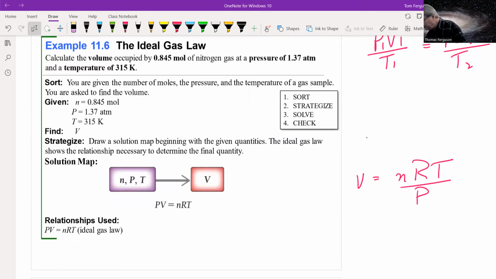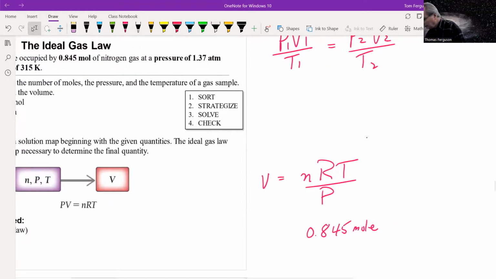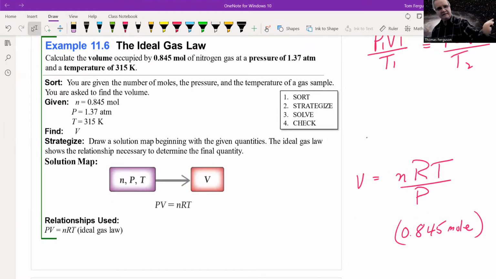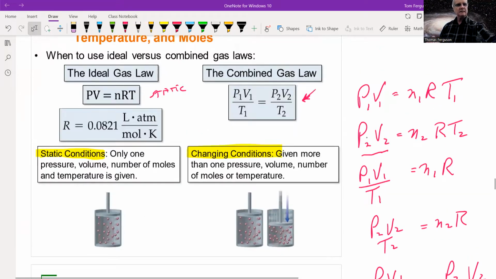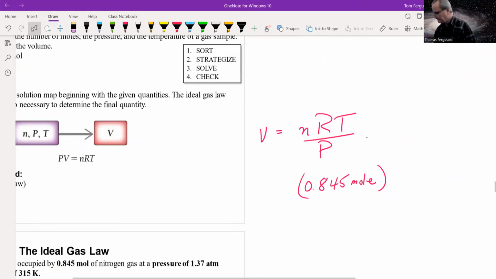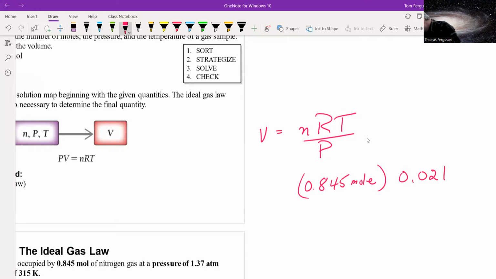So the number of moles is given, and then R is going to be 0.821.